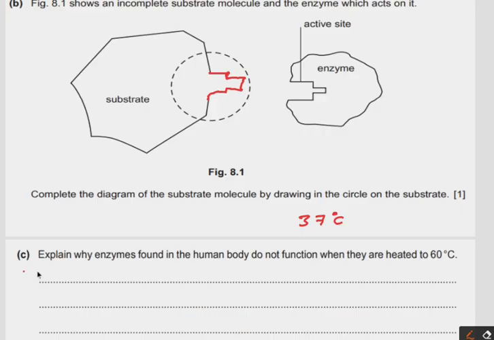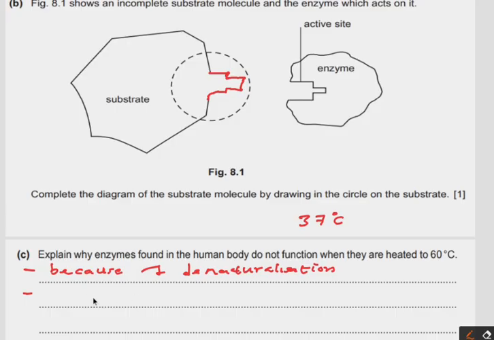So the reason why they don't function is because of denaturation. Also, once they are damaged, they don't undergo reversal. That is very, very important to know and to understand.